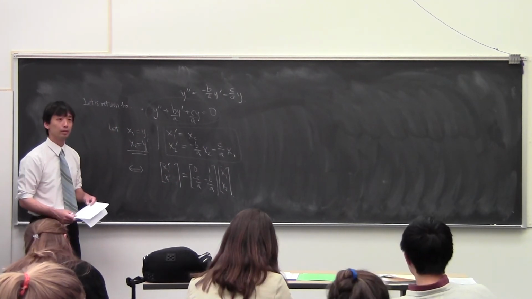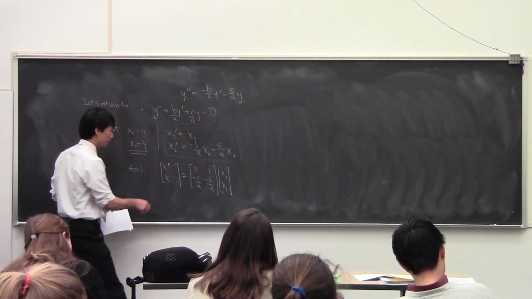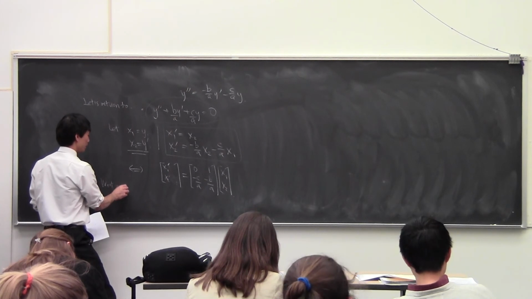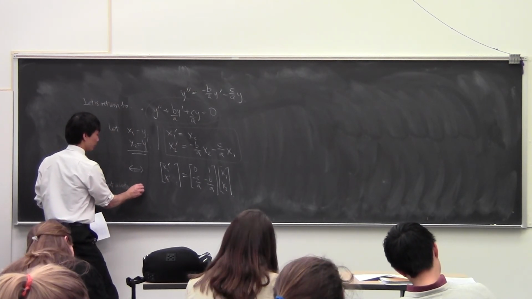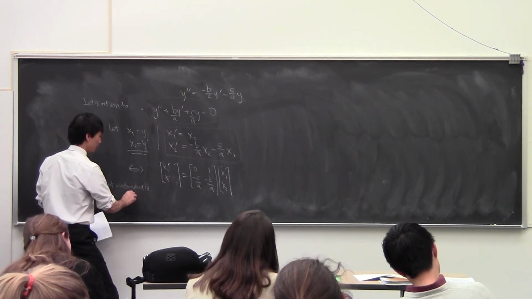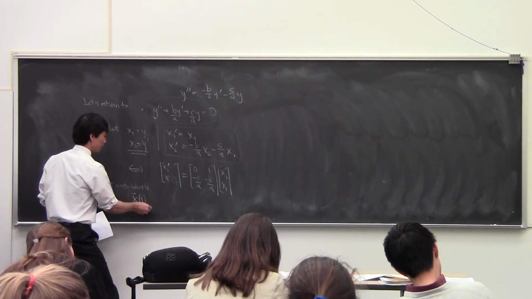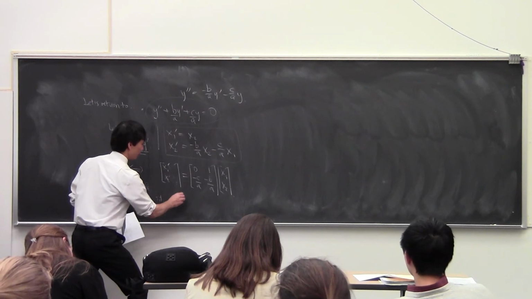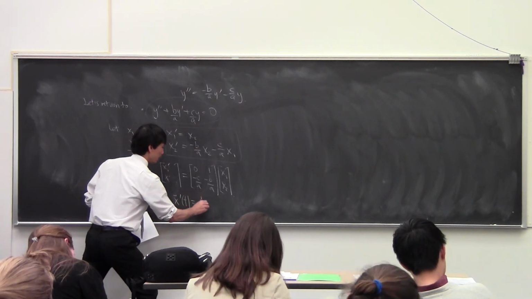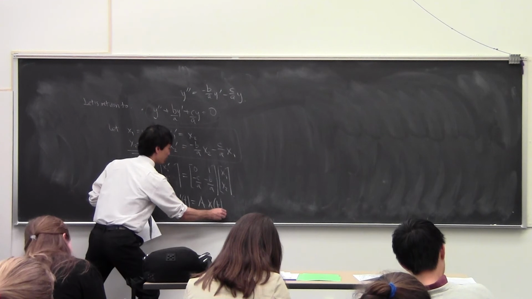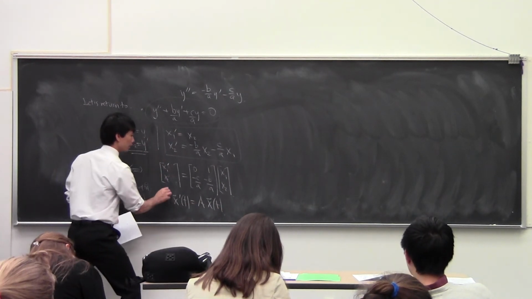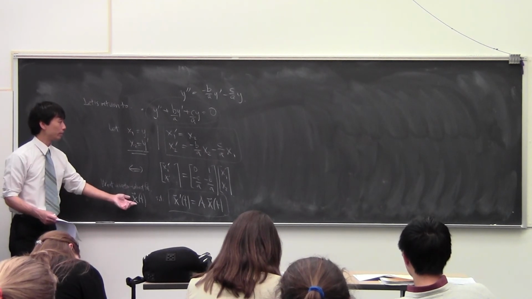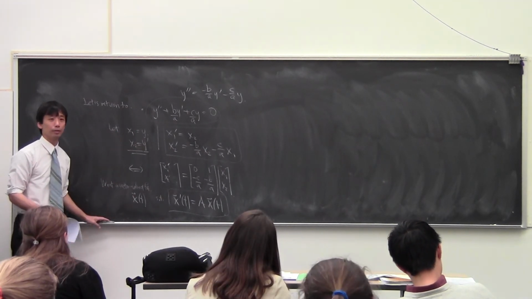So what we're looking for is a vector valued function x(t) such that x'(t) is equal to A x(t). And if we can find that vector valued function, then we've solved our equation.